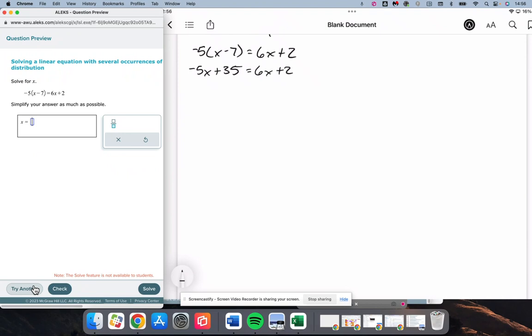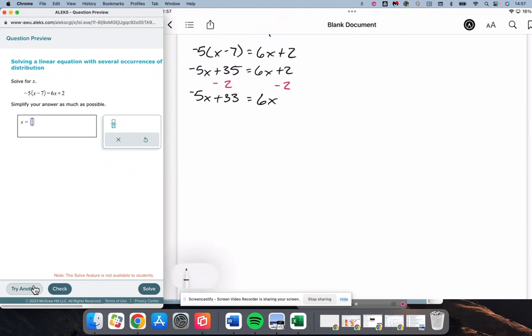And so I could add 5x, I could subtract 35, I could subtract 6x, I could subtract 2. Any of those will work. I'm going to choose to subtract 2 because it will keep my number positive. -5x plus 33 equals 6x.